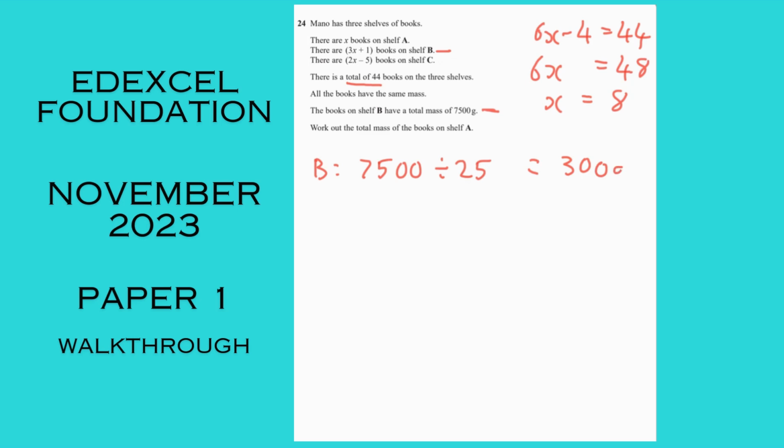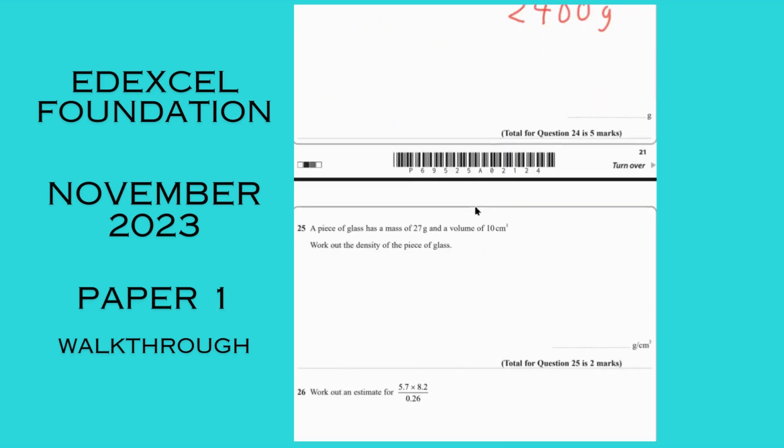That's 300 grams per book. Shelf A has X amount of books. Its 8 threes are 24, but it's 8 300s to get 2,400 grams. On to number 25.